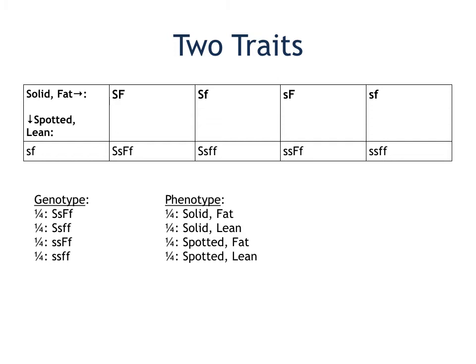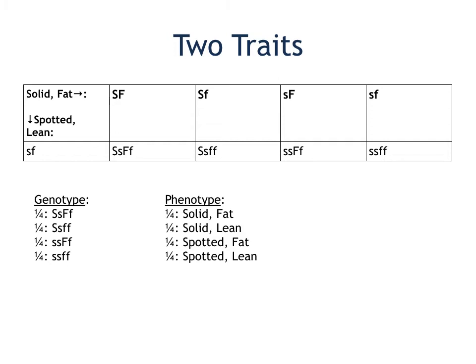And then our last zygote is produced by inheriting a lowercase s and lowercase f from our solid fat cow and inheriting a similar gamete from our bull. So lowercase s's and lowercase f's. So this one looks just like its daddy and is all recessive, so it is spotted and lean.